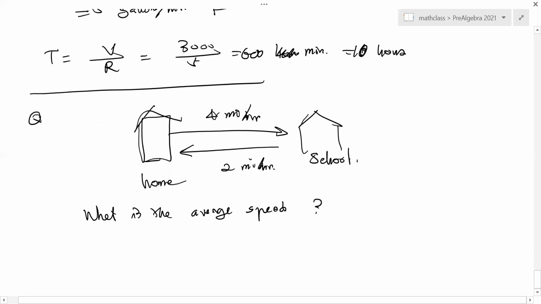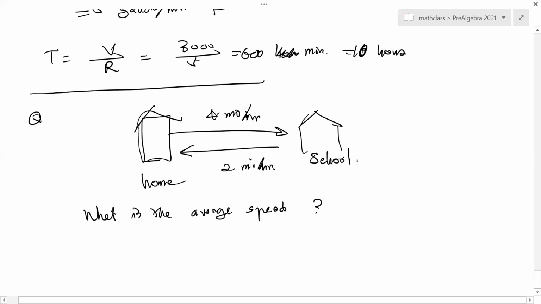This problem is slightly different from the previous problem because we don't know the distance between your home and the school, because some people live nearby and you don't have a school bus yet. You run to school to get a book and come back, but when you come back, you relax and walk slowly.